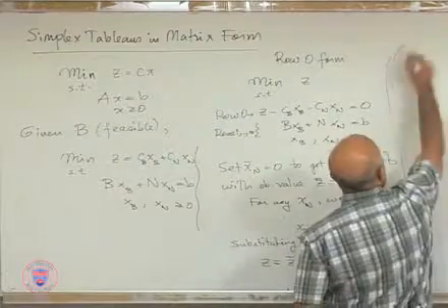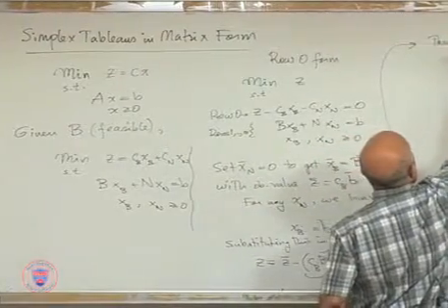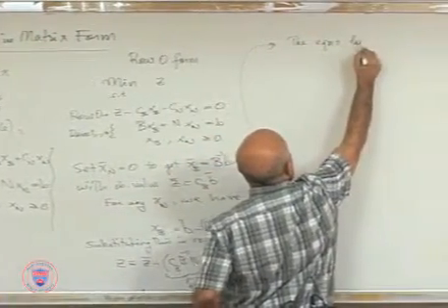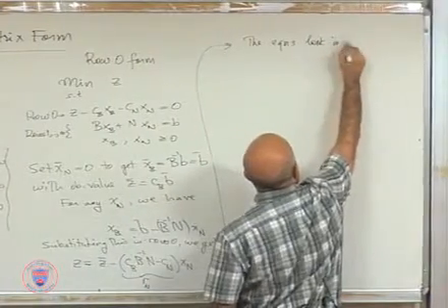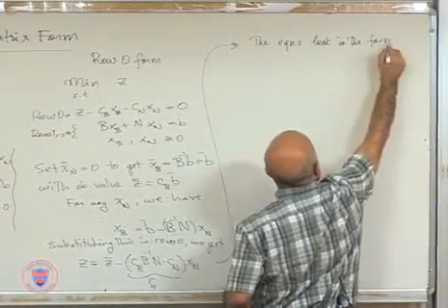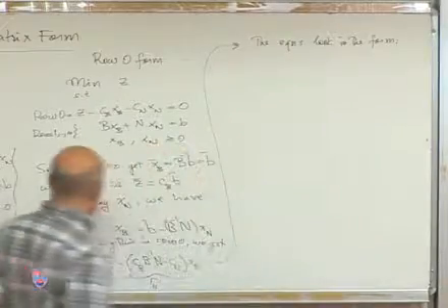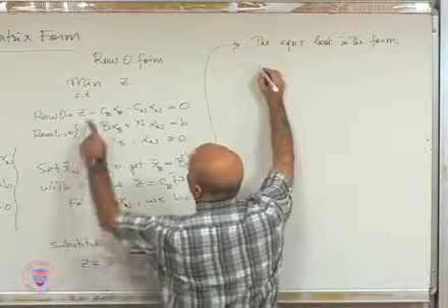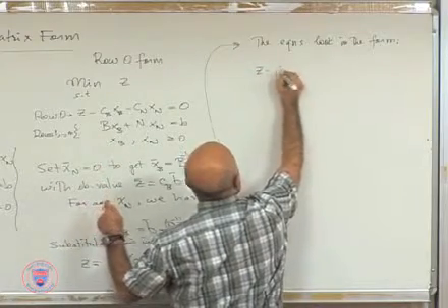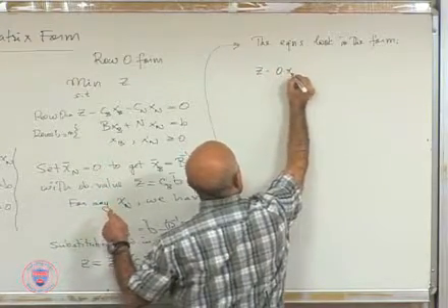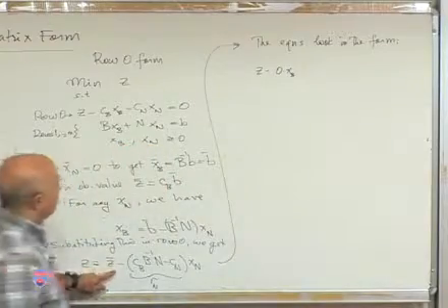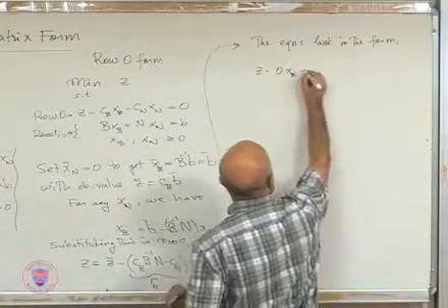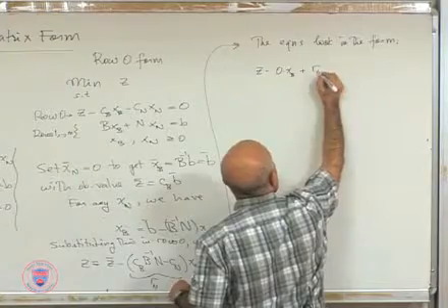And the equations with these manipulations show up in the following form. z minus a vector of zeros times xB, plus what we called RN.